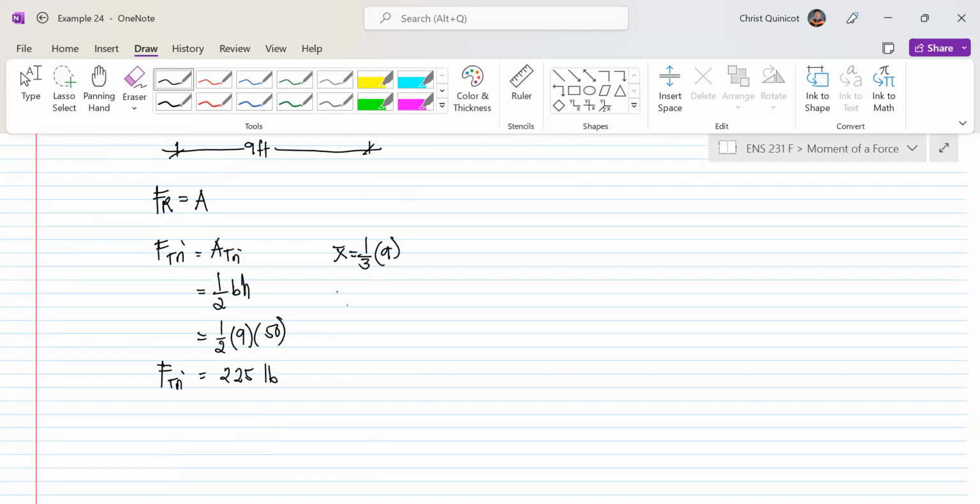So my x bar is equal to 3 feet, measured from A.